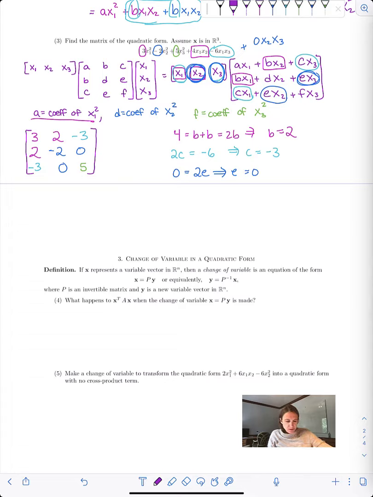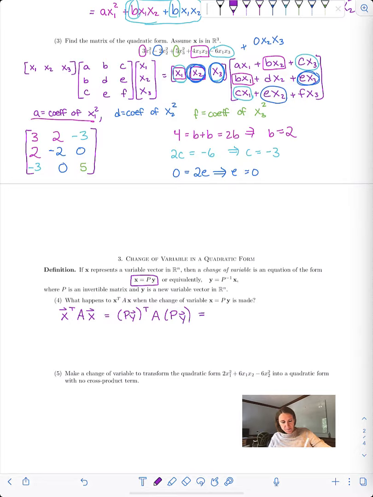And so we're going to plug in a change of variable where we replace x with some invertible matrix P times a new vector. So if we think about what happens when we do this, first we start with x transpose AX, and we replace x by P times y. So everywhere we see an x, we replace it with a Py.